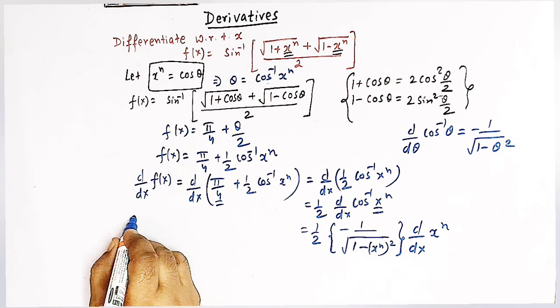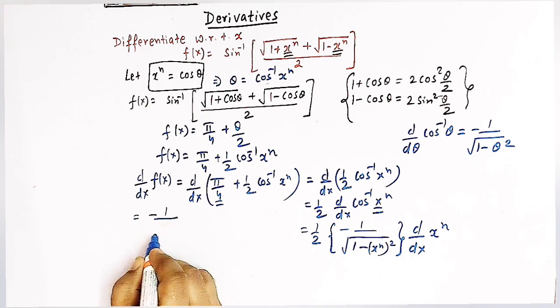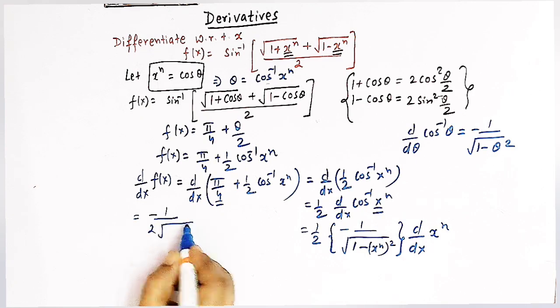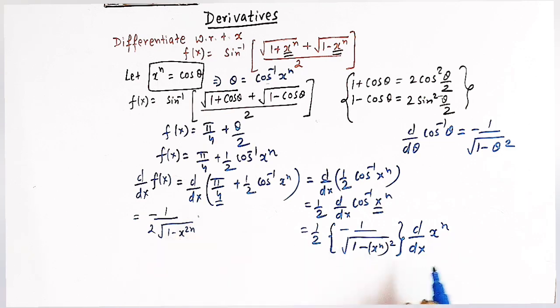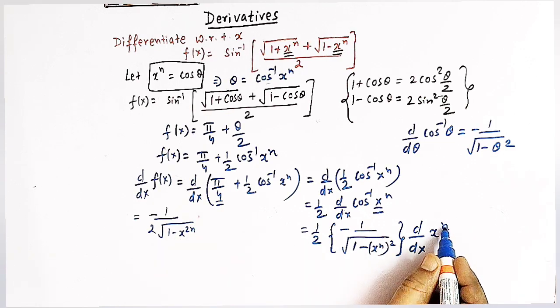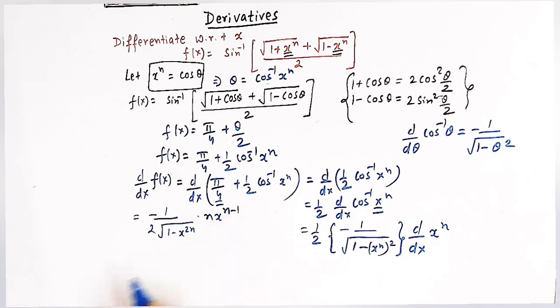Simplifying, we have minus 1 over 2 times square root of 1 minus x raised to 2n, and the derivative of x raised to n with respect to x is n x raised to n minus 1.